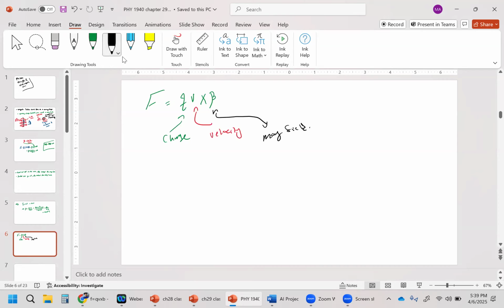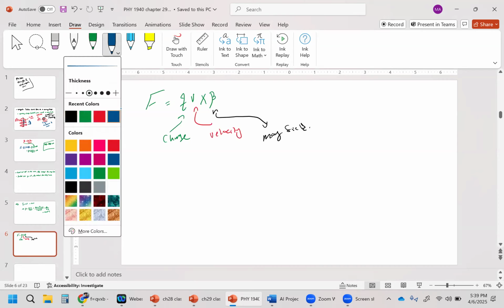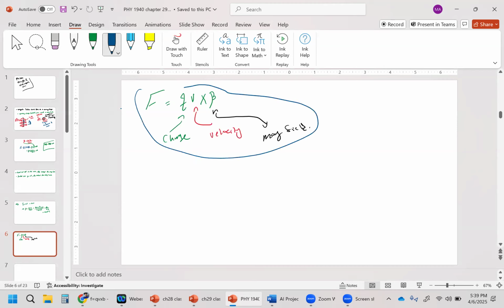Now, this little fella is called your Lorentz equation.